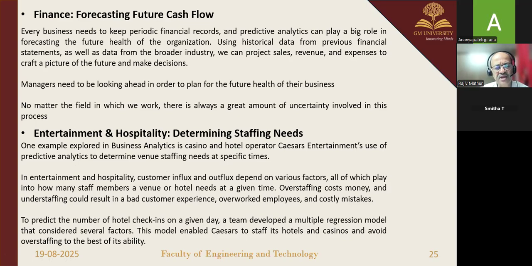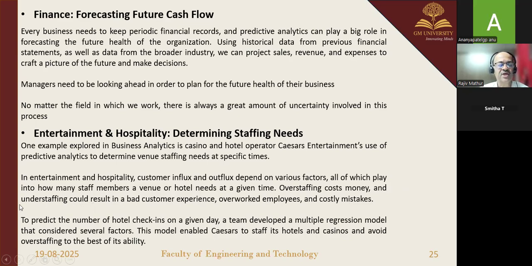In entertainment and hospitality, customer influx and outflux depend on various factors, all of which play into how many staff members a venue or a hotel needs at a given time. Okay, overstaffing costs money and understaffing could result in a bad customer experience.